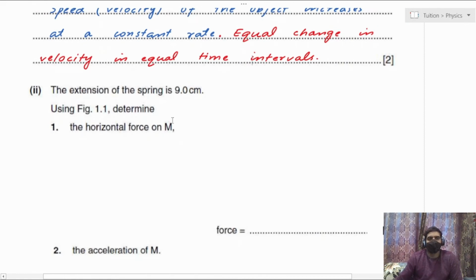The extension of the spring is 9.0 centimeters. Using the figure 1.1, determine, part 1 says, the horizontal force on M. This is the first thing that we need to calculate, the horizontal force on M. So force needs to be calculated.